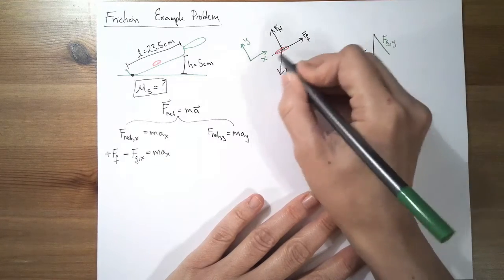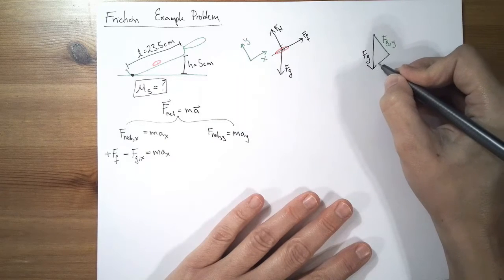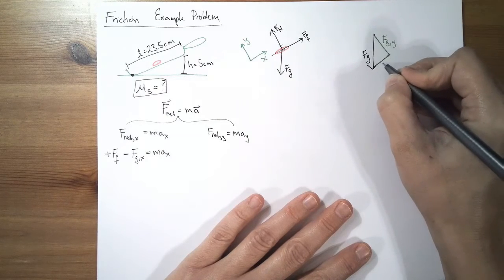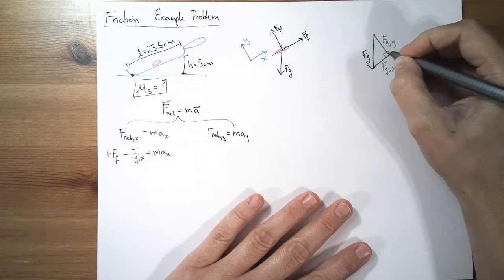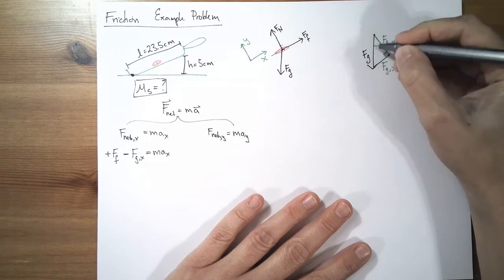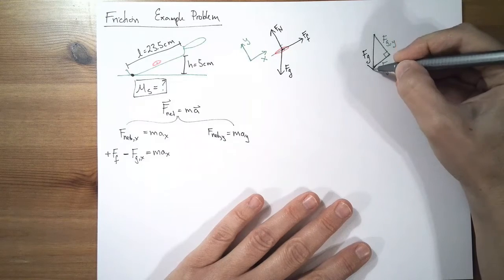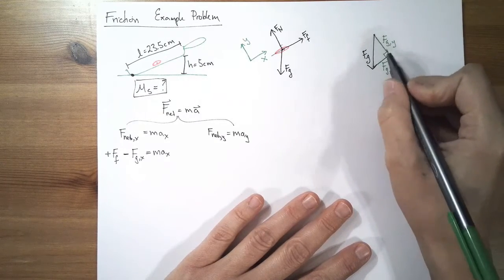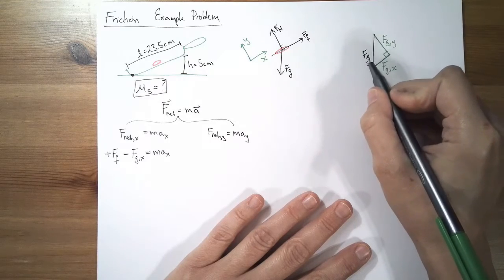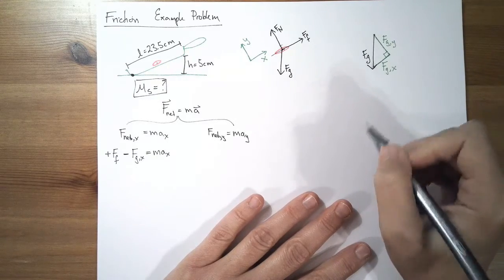X is parallel to the surface of the pan, so the x component of gravity will be like that. There's our right angle opposite our hypotenuse, which of course is the magnitude of the full force, as it always should be when we're dividing a force up into its components. The magnitude of the force is always the hypotenuse of that triangle.